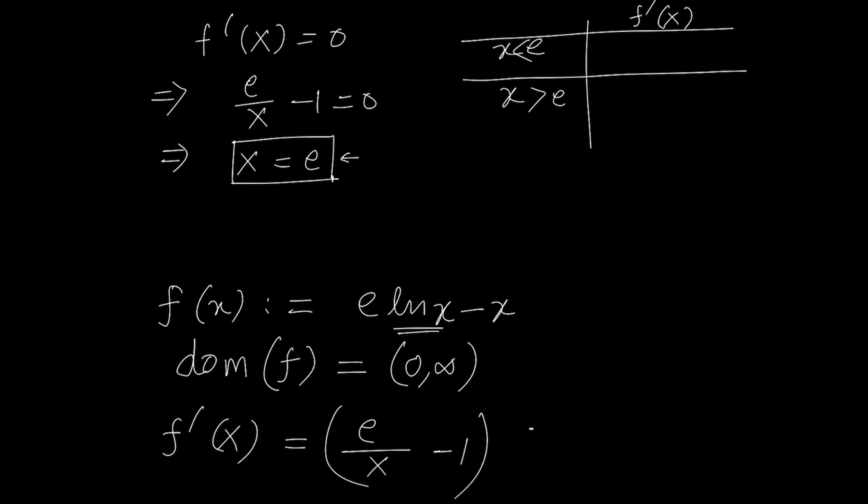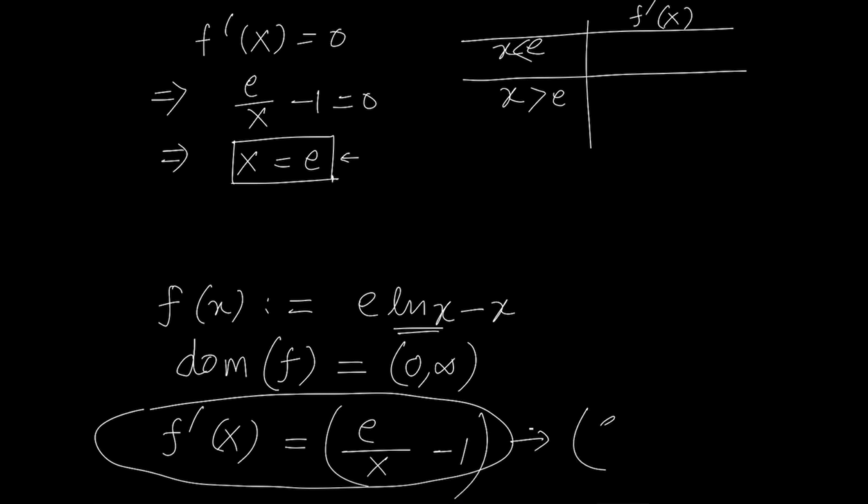When x is less than e, that is between 0 and e, f dash x from the factor e by x minus 1 will be positive, because e by x is strictly greater than 1.